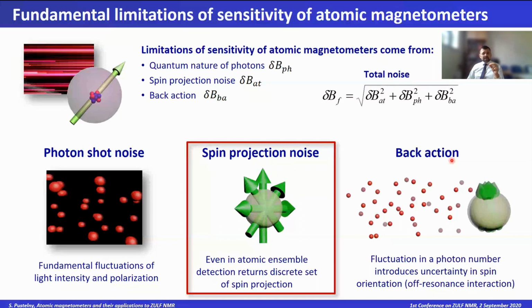And these three things are the fundamental sources of noise in our system. But you can play with them a little bit. You can limit, for example, the photon shot noise, make it much, much smaller. You can try to limit the back action, and then what you end up with is this spin projection noise, the most fundamental source of fluctuations in our system.